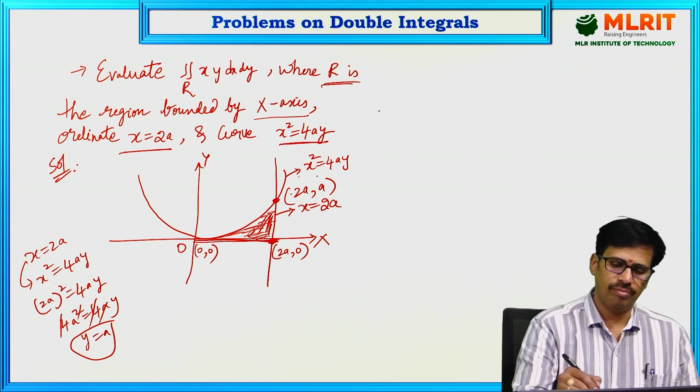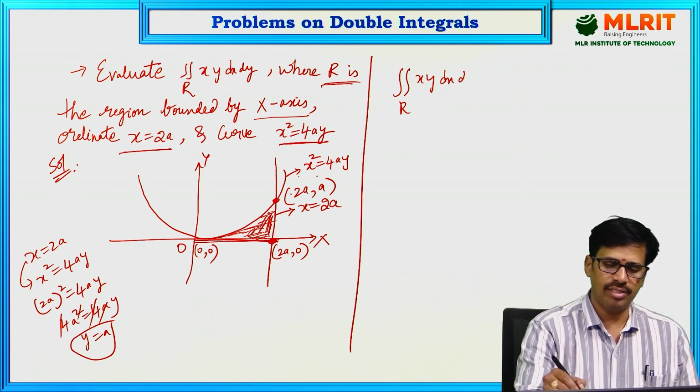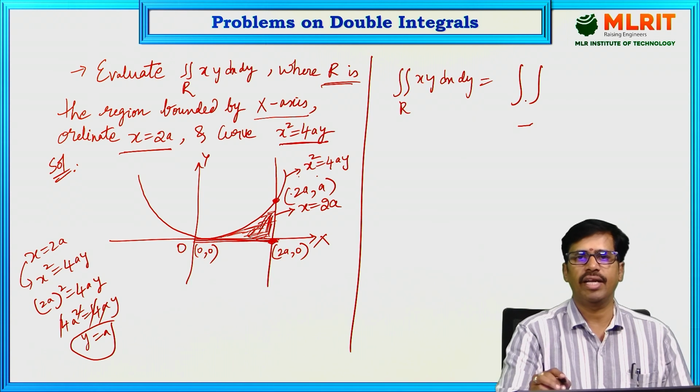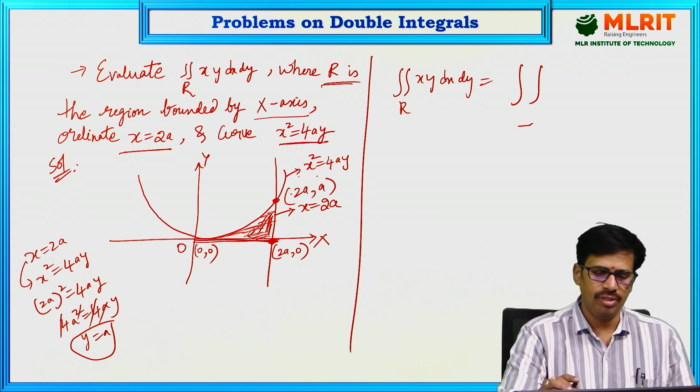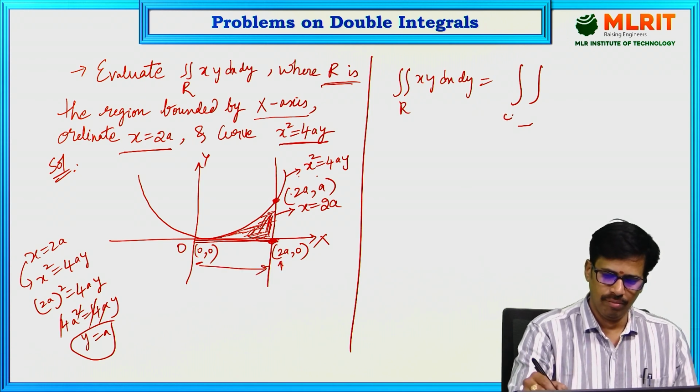So first, this can be written as integral of xy dx dy. Always remember, let us fix x limit constant. So we can see here x is changing from 0 to 2a.